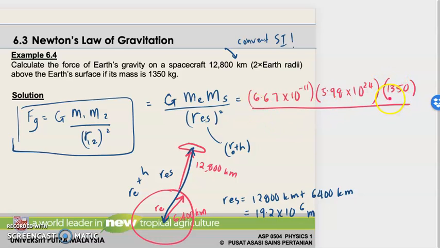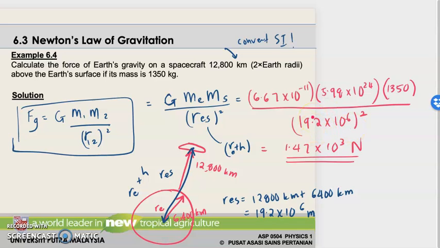And your RES is 19.2 times 10 to the 6 squared. So the answer is 1.47 times 10 to the 3 newtons. Okay, because this is force of gravity. So the force of gravity of Earth on the spacecraft is 1.47 times 10 to the 3 newton. That is your final answer.